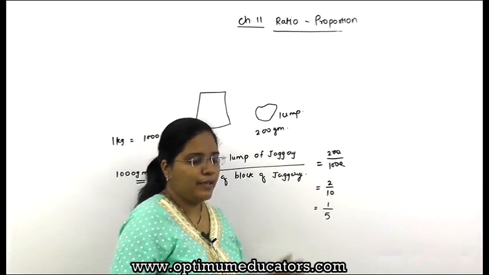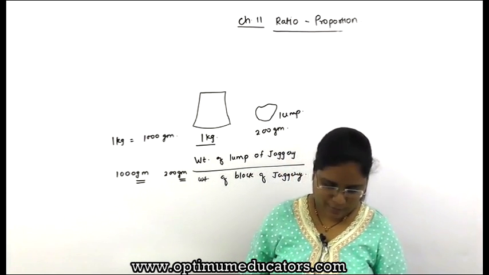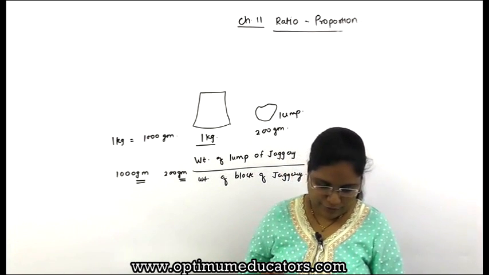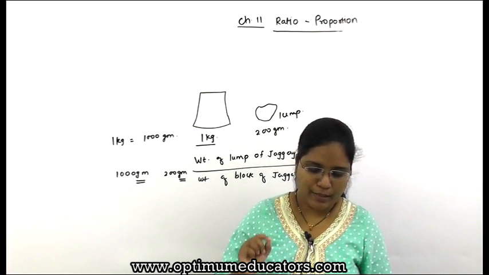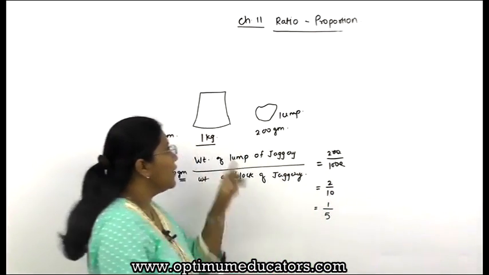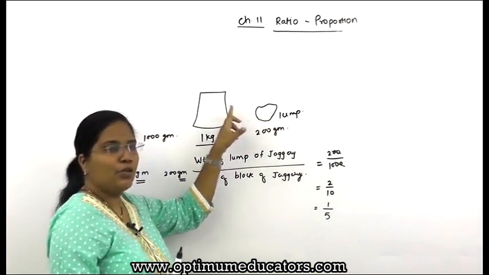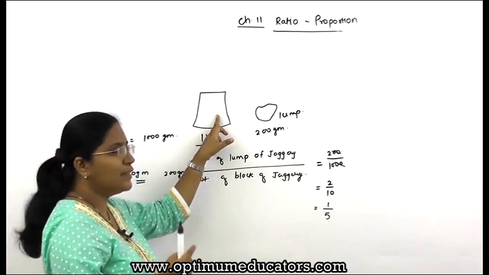Now here in this example we have studied an important thing, that while finding the ratio of 2 quantities of the same kind, their measure must be in the same unit. These 2 things are made up of one single thing only.